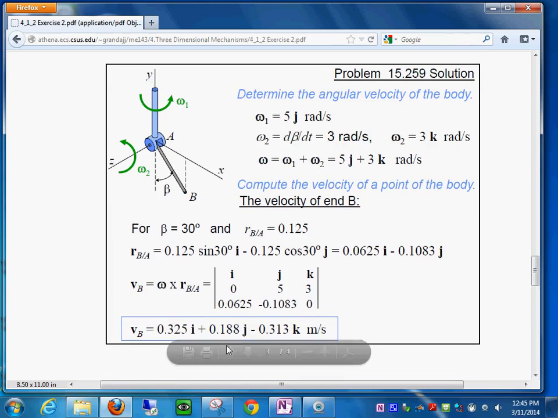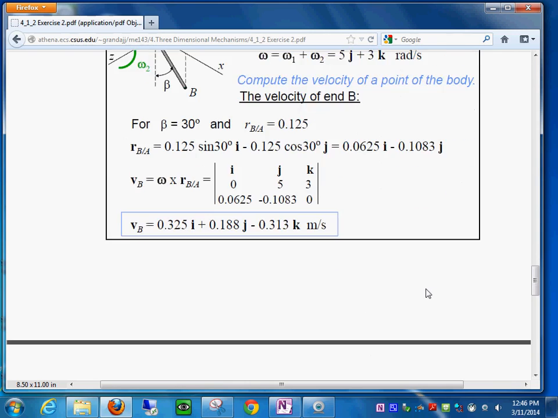And that will reveal these numbers. So we do this, omega cross r, is very important to remember. So in here we have the velocity with its components.